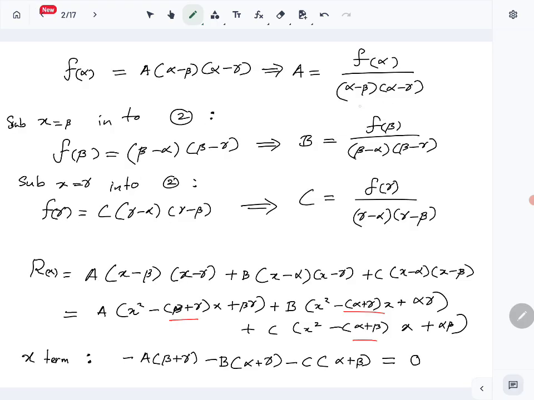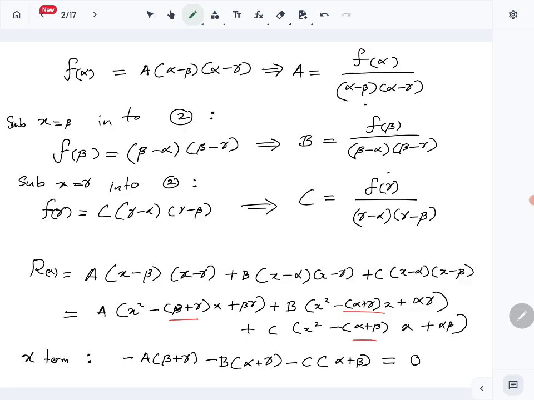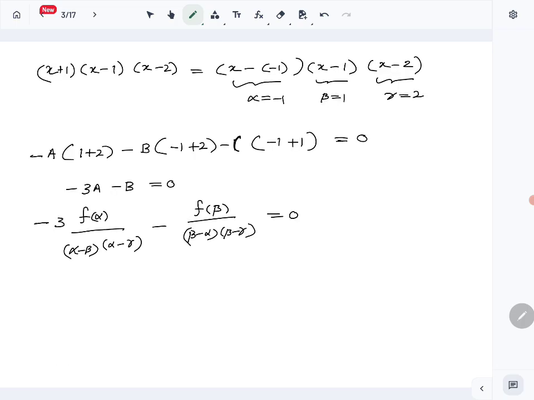Now let's substitute a and b. These are a and b. And we have to substitute alpha and beta values too. So first just let's substitute: minus 3 f of alpha over alpha minus beta, alpha minus gamma, minus b, f of beta over beta minus alpha, beta minus gamma, equal to 0. Right. So now let's substitute the values.